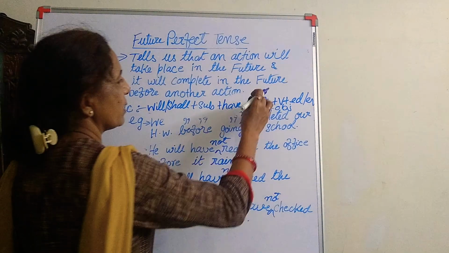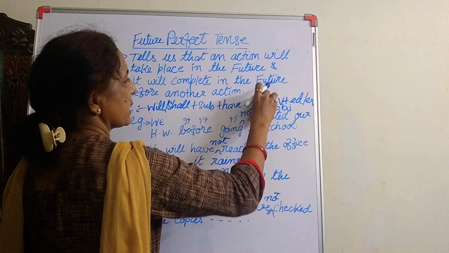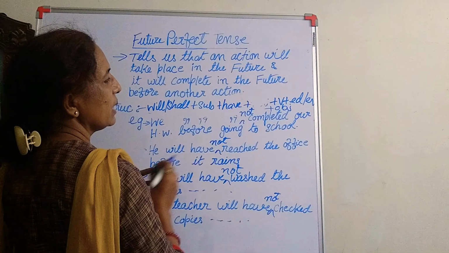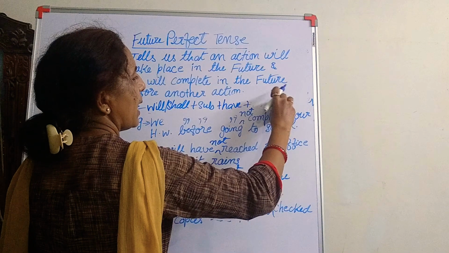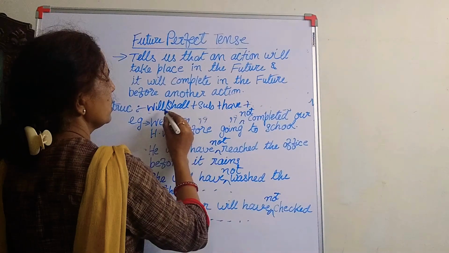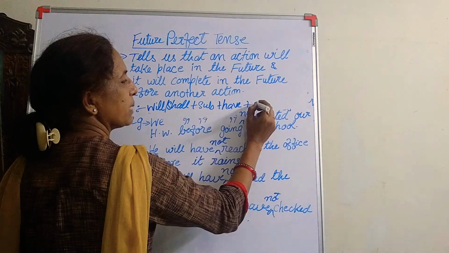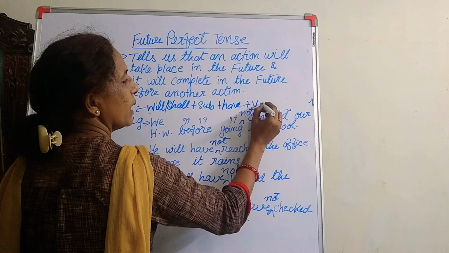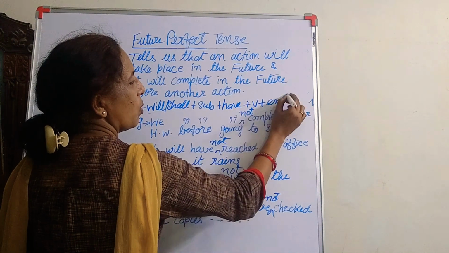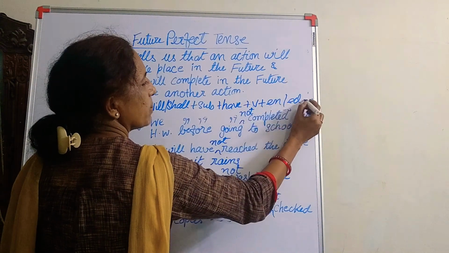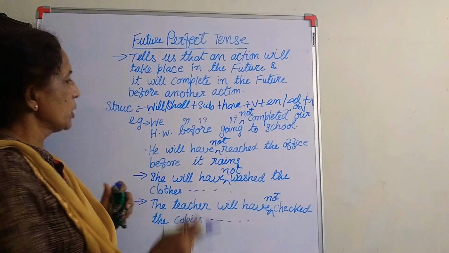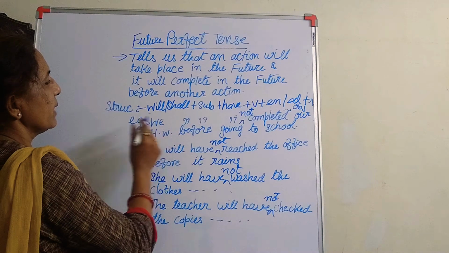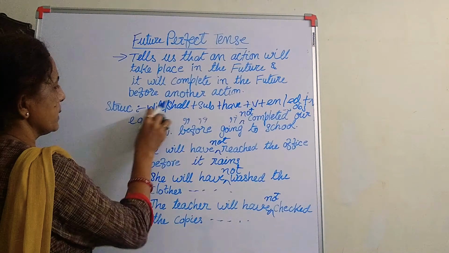If it is negative, then not, but let us first understand the positive one. Plus verb plus en or ed, as well as the object. So will or shall plus subject plus have plus verb plus en or ed plus the object. So how would it be?